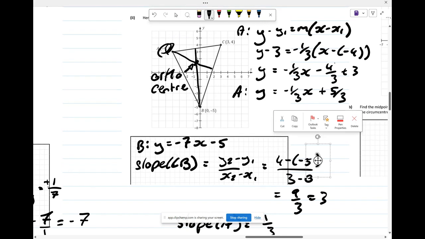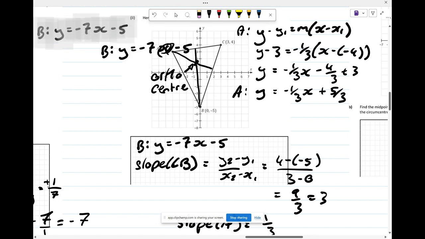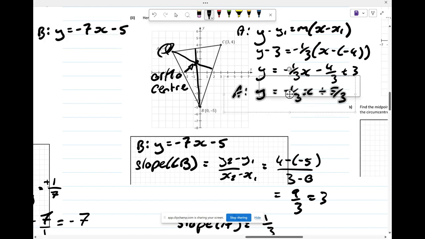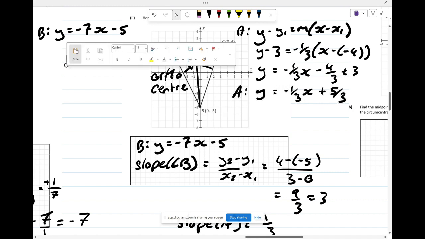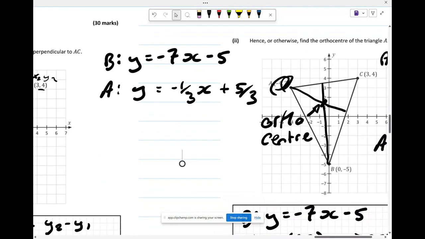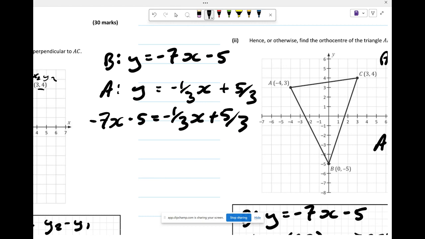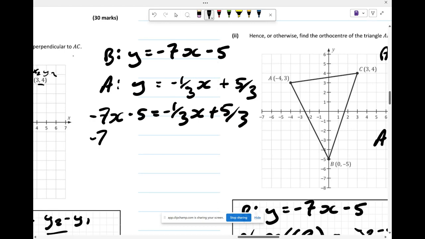So we have our two equations. If I copy and paste them over here. And so we know when we're finding the point of intersection, if we let them equal each other here, we can get rid of the y's and find the x's. So that's 7x minus 5 equals minus 1/3 x plus 5 over 3. And we'll bring the x's to one side. It's plus 1/3 x equals 5 over 3 plus 5.